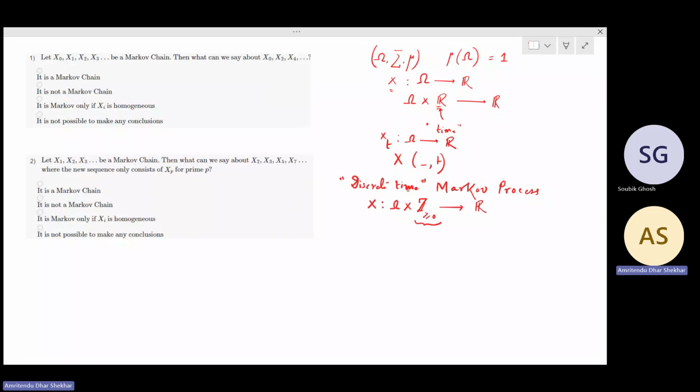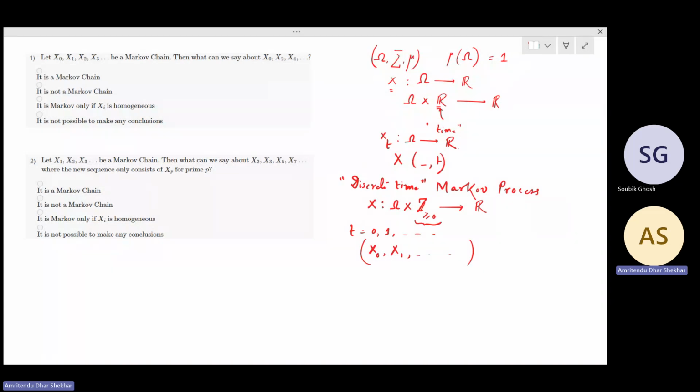Essentially what this means is that for each time instant, for t equals 0, 1, and so on, you have a sequence of random variables. Let's denote these random variables as X1, X2, and so on.